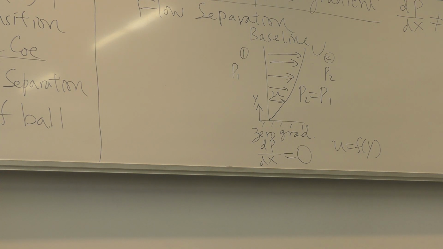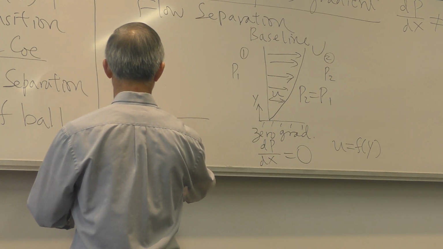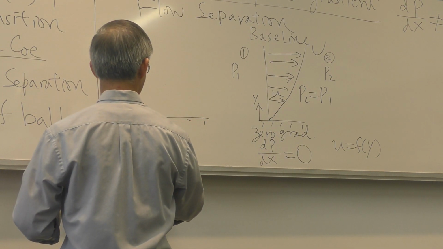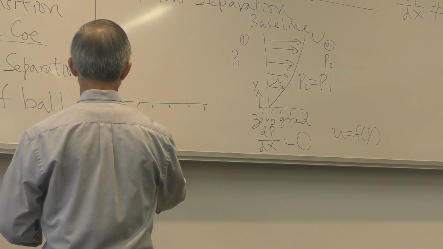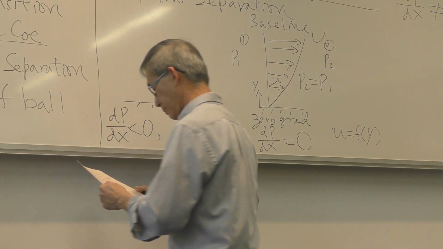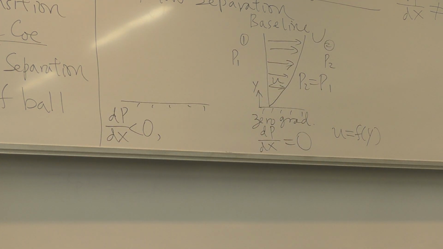The next case is dP/dx, the pressure in the direction of the flow, where x is the streamwise direction, being negative.